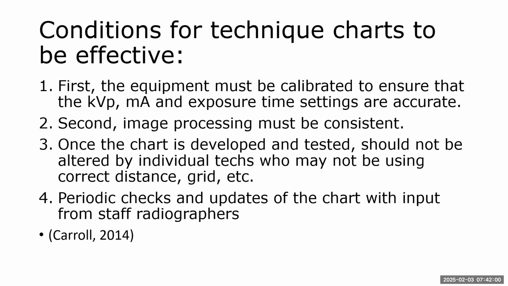Once the chart is developed and tested, it should not be altered by individual techs who may not be using the correct distance, grid, etc. So if you have a technique chart, you need to make sure your distance is what the distance is indicated on the technique chart. So let's say the technique chart says 40 inches and you have 55 inches and you use the technique for 40, it's not going to be right.